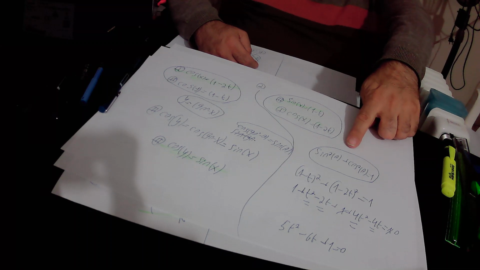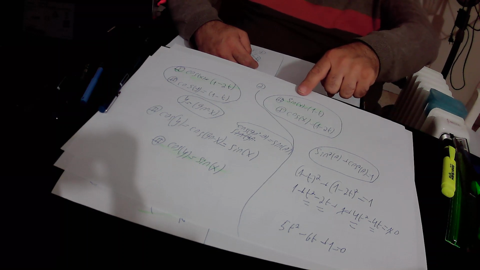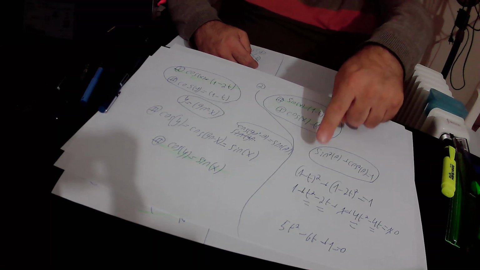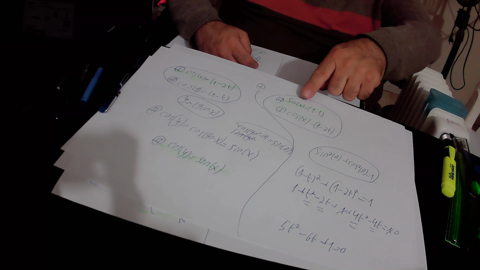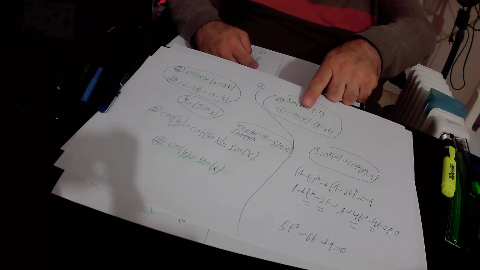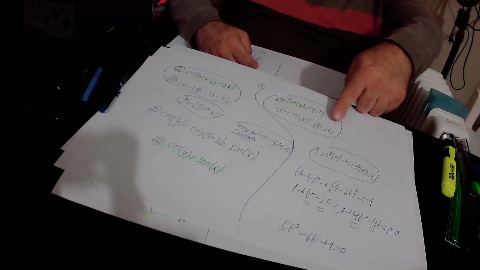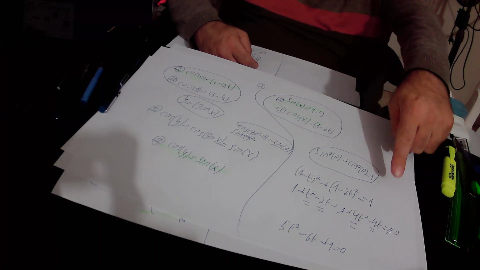So sine x equals 1 minus t. Therefore, sine squared x equals (1 minus t) squared, plus cosine squared x, where cosine x equals 1 minus 2t, so (1 minus 2t) squared, and it equals 1.